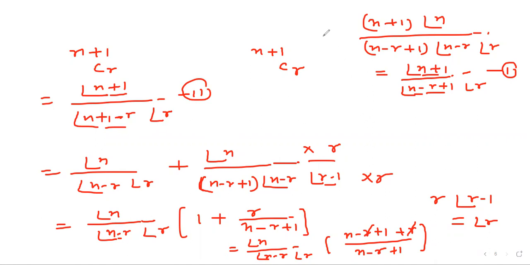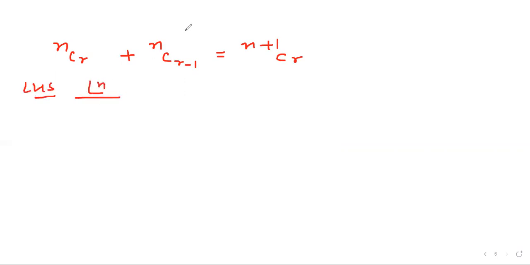Now, let's see one more question. The question is NCR plus NCR minus 1 equals N plus 1 CR. So, consider LHS. LHS says NCR can be written as factorial N divided by factorial (N minus R) factorial R, plus factorial N divided by factorial (N minus R plus 1) times factorial (R minus 1).